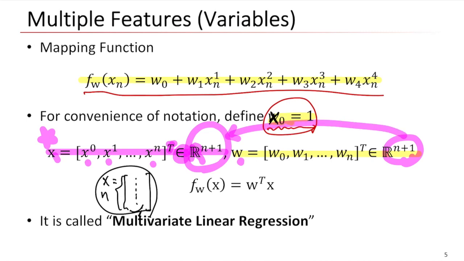Okay, so if we introduce these two kinds of vector notation, we can represent this mapping function like this. Okay, so this is a very simple dot product, right?